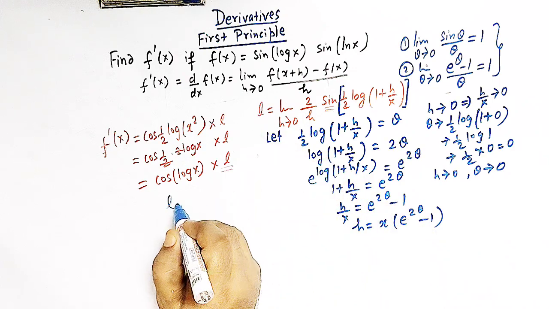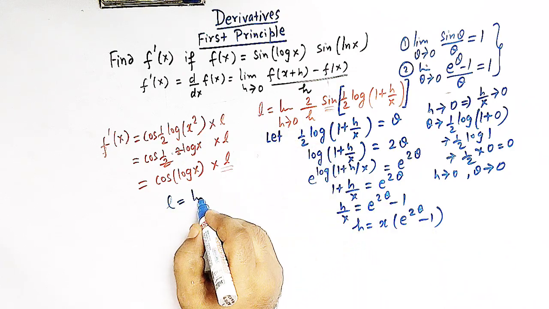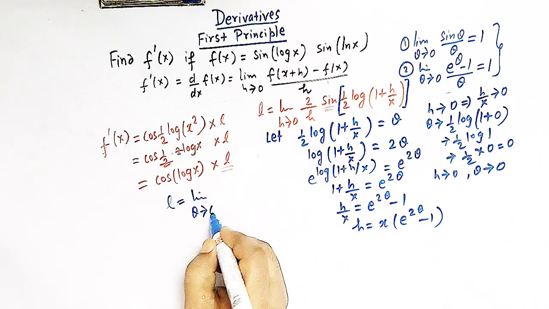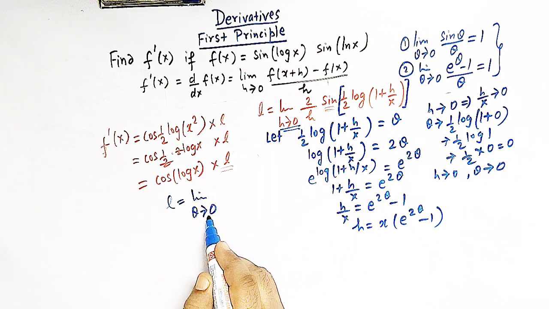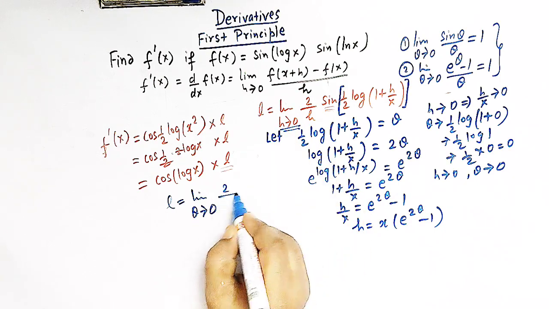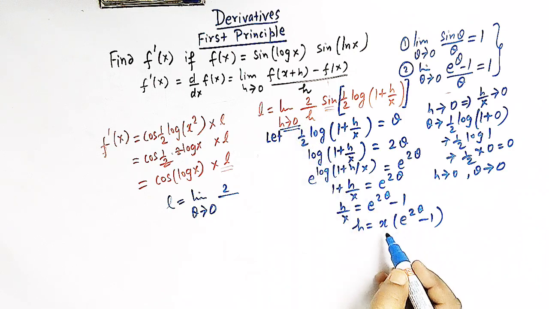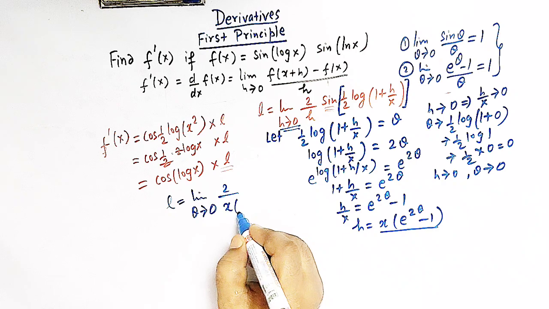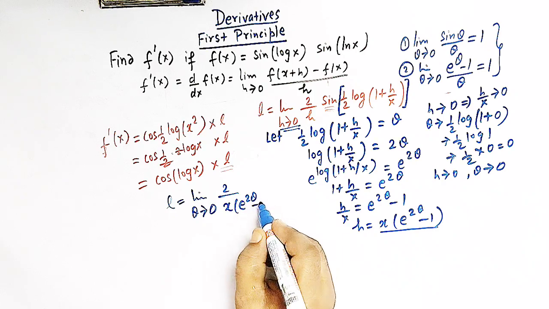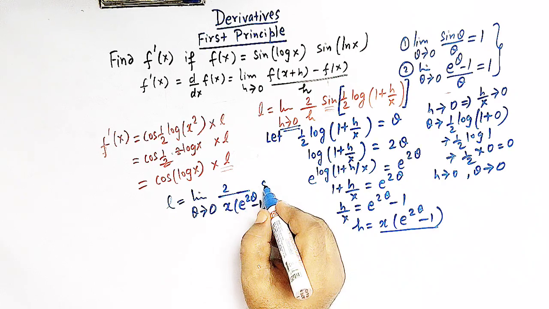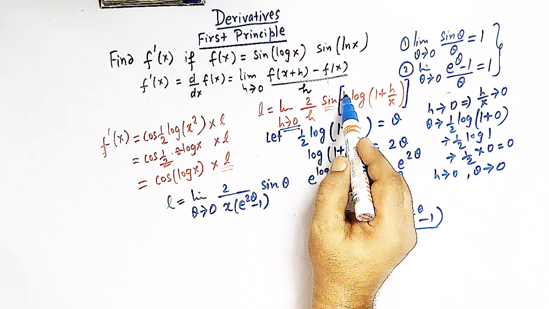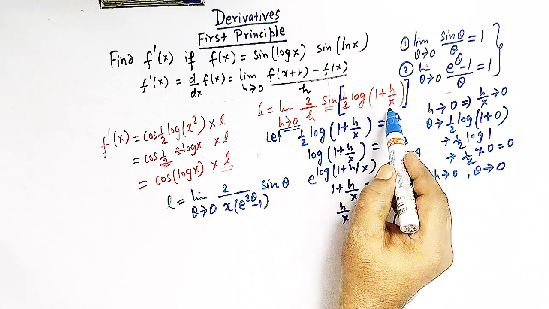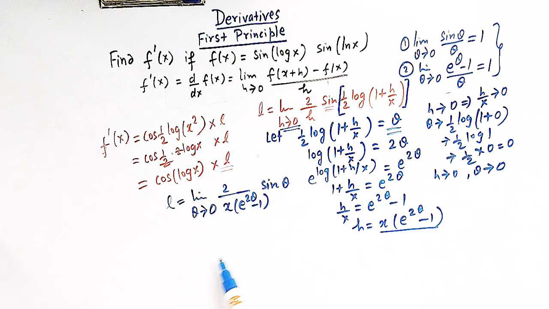So now this limit L can be written as the limit theta tends to 0. Now h tends to 0 can be replaced by theta tends to 0, and we have 2 over h. Now h can be replaced by this expression, that is x times e raised to 2 theta minus 1, and we have sine of theta, because this term half log of 1 plus h over x is equal to theta.